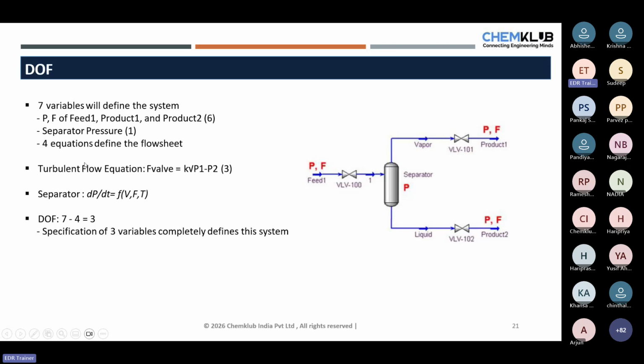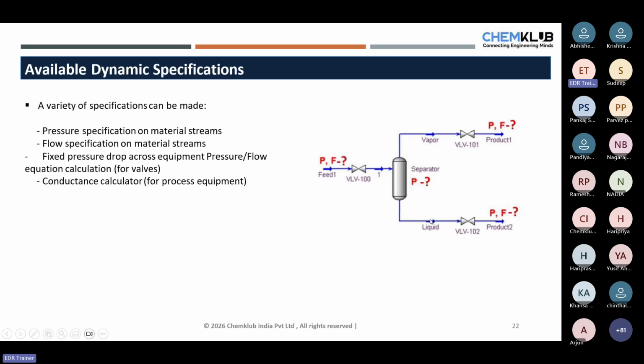So the number of variables minus the number of equations gives you the degrees of freedom. That means you require three variables to be defined, which will define the system and it will run the dynamic simulation.